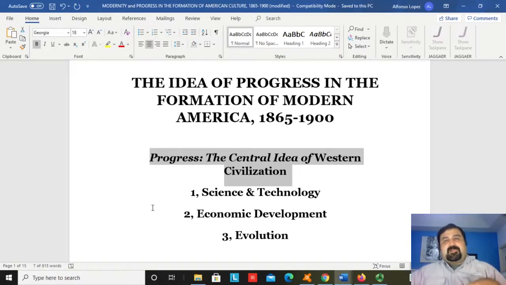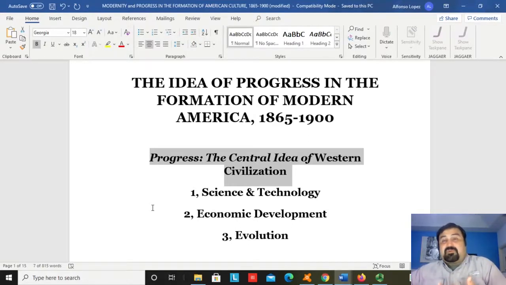But in this case, what I'm referring to is that progress is an idea that flourished in the Western world, primarily in places like Europe. We call it Western civilization. It's European civilization, and it flourished around the 1700s. In that century, modernity begins in global history, and it begins in Europe.